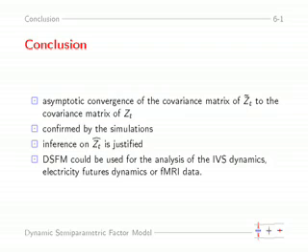What I have shown you is a very general class of models, namely the so-called dynamic semi-parametric factor model. We have shown you that estimating the Z's has no cost in terms of tracing out the covariance matrix of the Z's.